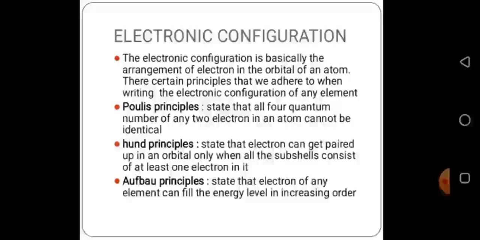What we mean by quantum number is the direction of the electron in the orbital. We have how many types of orbital? We have s, p, d. In the s orbital, the direction of the electrons filling the orbital must not be identical.